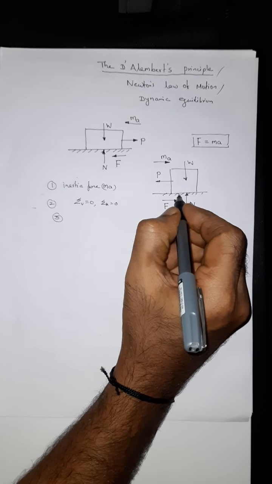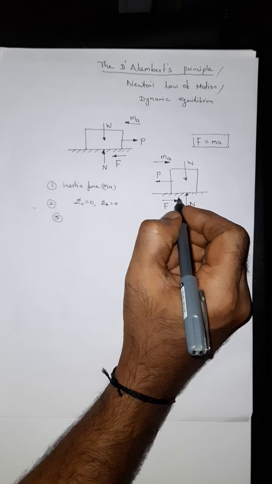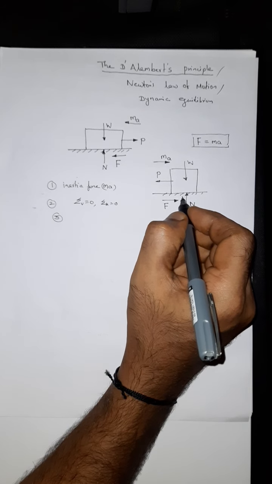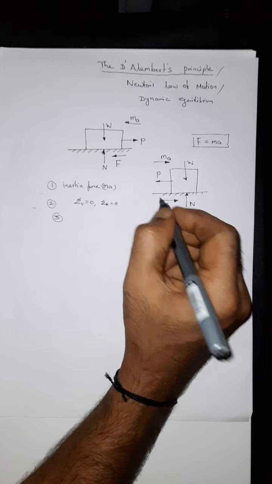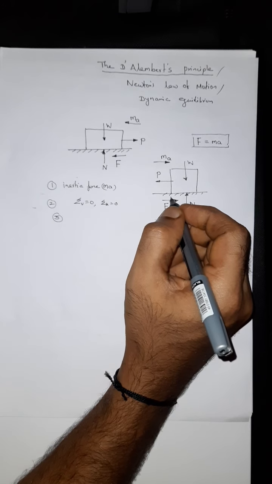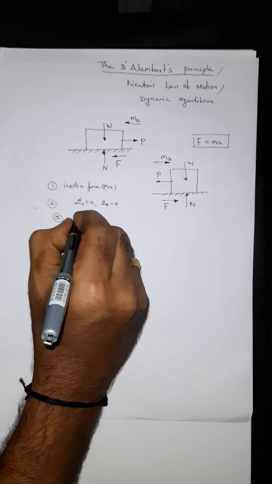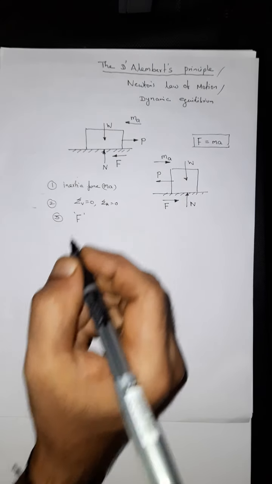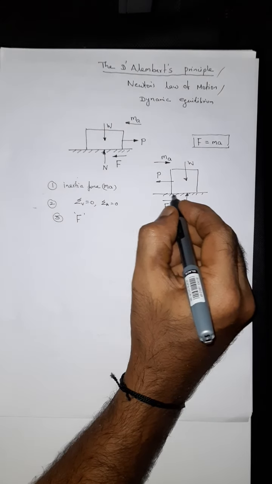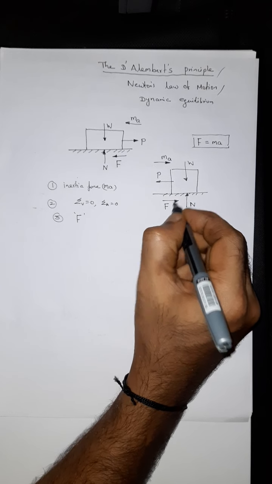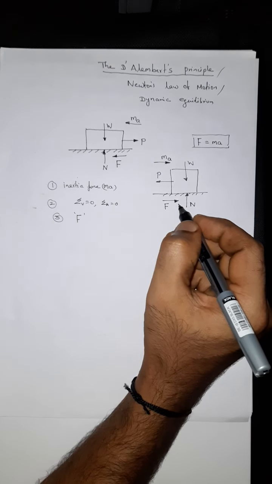Friction, as I taught you in the earlier unit also, would always be in the opposite direction of motion, right? The friction force also needs to be considered. If it is a smooth plane, then there won't be any friction.